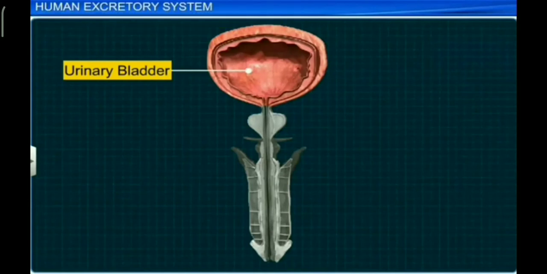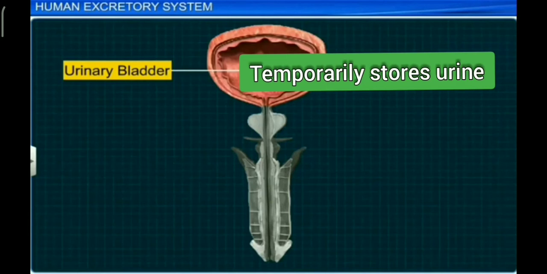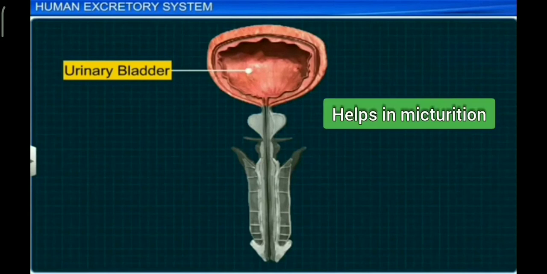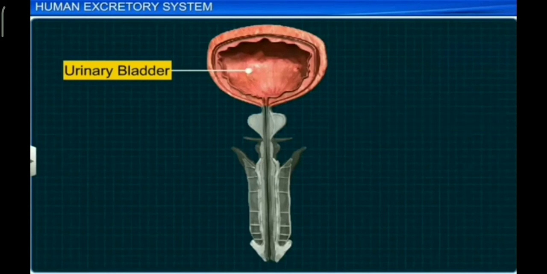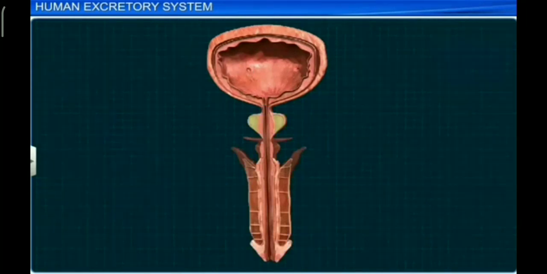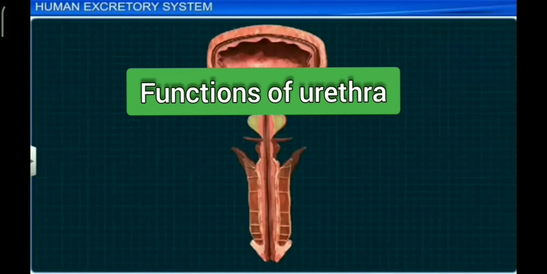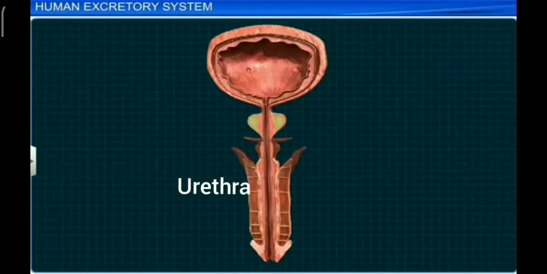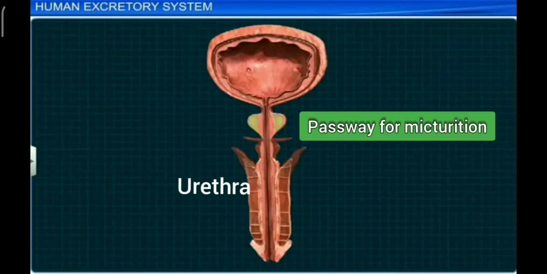It temporarily stores urine, near about 700 ml, and also helps in micturition, that is, removal or elimination of urine. Functions of urethra. It is the pathway for micturition.